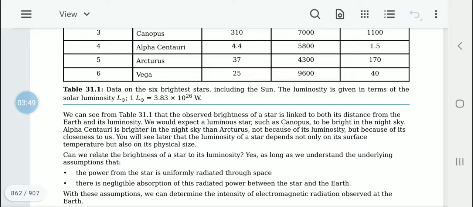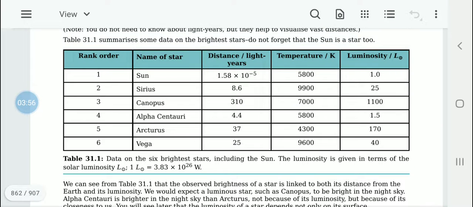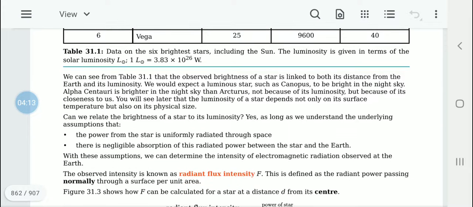Now Alpha Centauri is brighter in the night sky than Arcturus. Arcturus is 37 light years away, and its luminosity is 170. Alpha Centauri has a luminosity of 1.5, but because it is really close, 4.4 light years away, Alpha Centauri is brighter than Arcturus. It is not because of the luminosity, but because it is close.